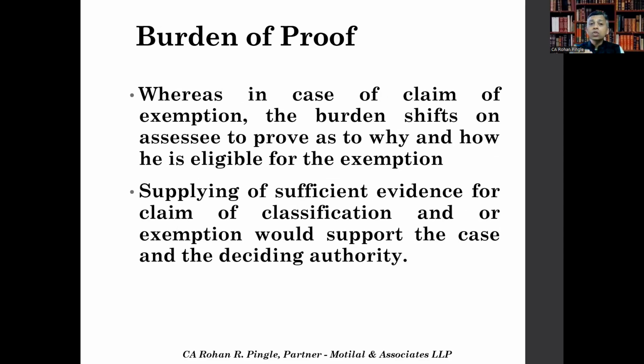Whereas in case of a claim of exemption, the burden shifts on whom? The assessee, to prove why and how he is eligible for the exemption. Supplying sufficient evidence for a claim of classification and/or exemption will support the case before the deciding authority. That is the importance of the burden of proof.